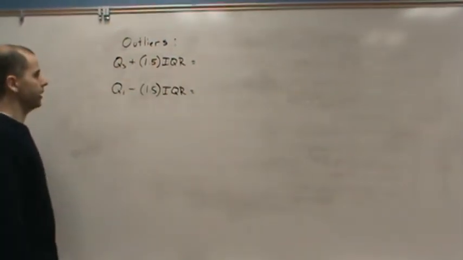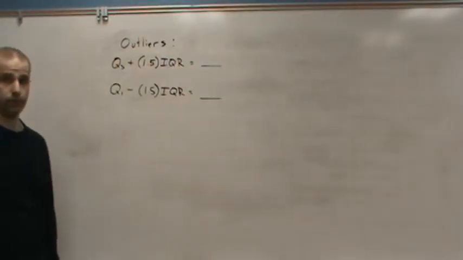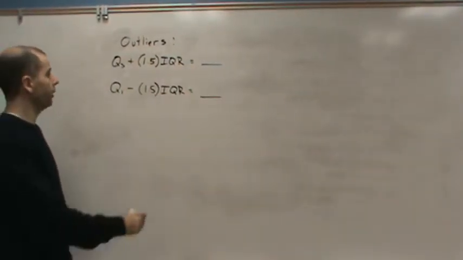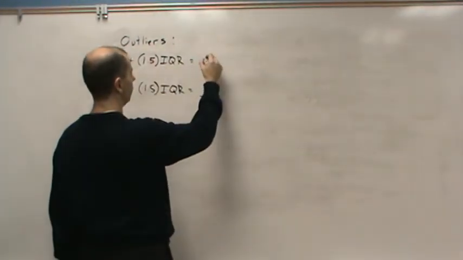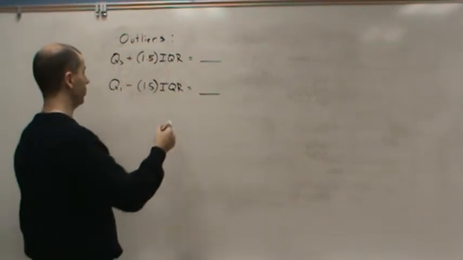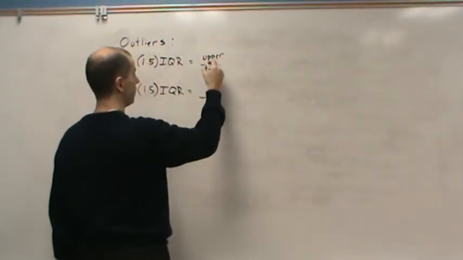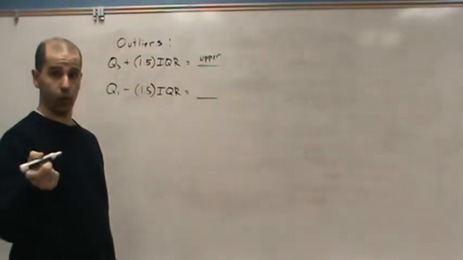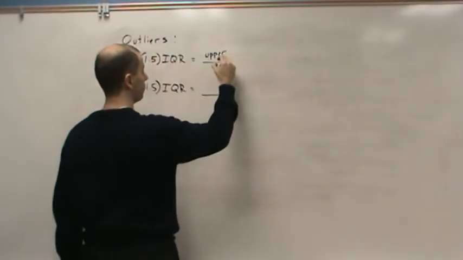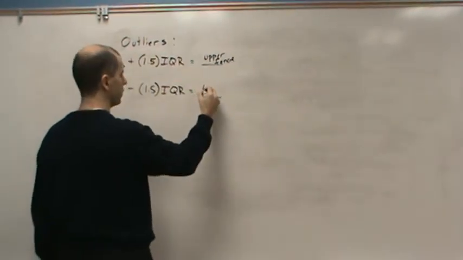We're going to get a number for both of these formulas. This is going to give us the upper fence. I'm going to call that the upper fence, and it'll make sense in a moment. That's going to be the upper limit, or the upper fence. This calculation will give us the lower fence.